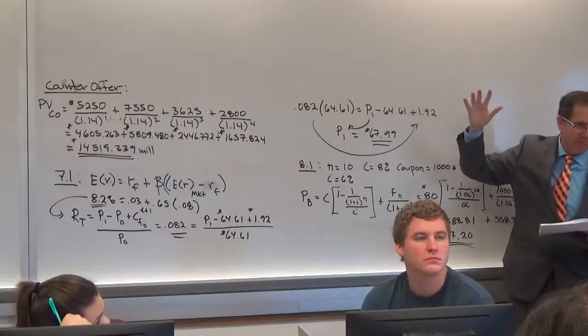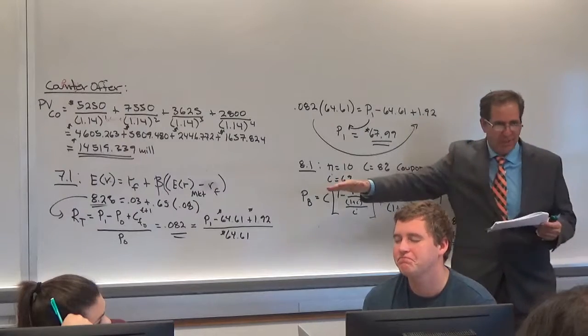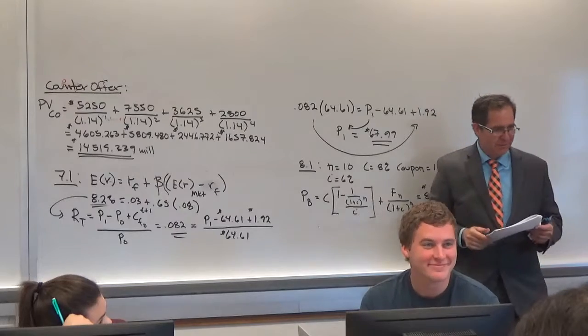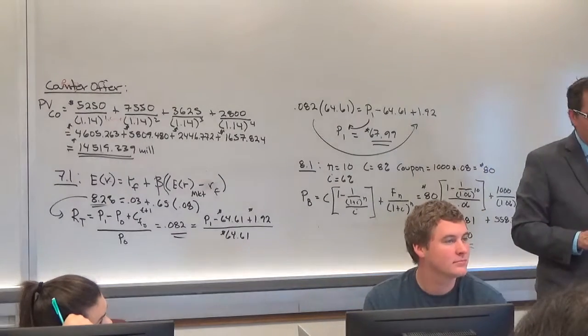Once the bond value you come up with matches the bond price, whatever discount factor you're using, that's the market interest rate. That's the yield to maturity. So you can do it either way.